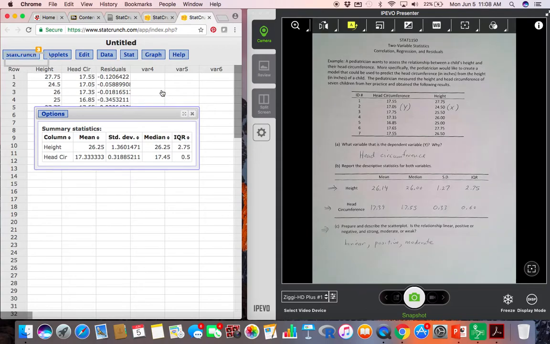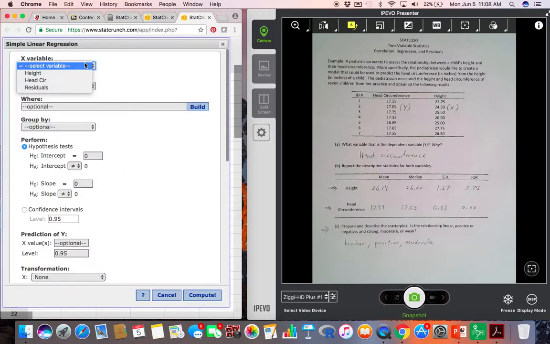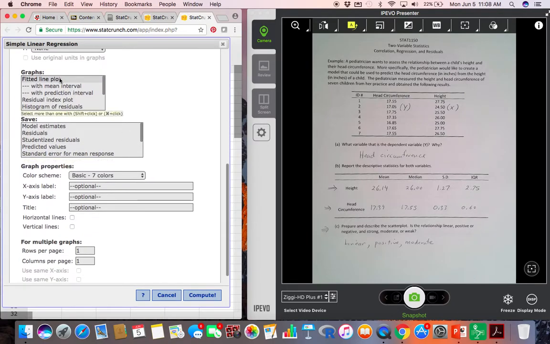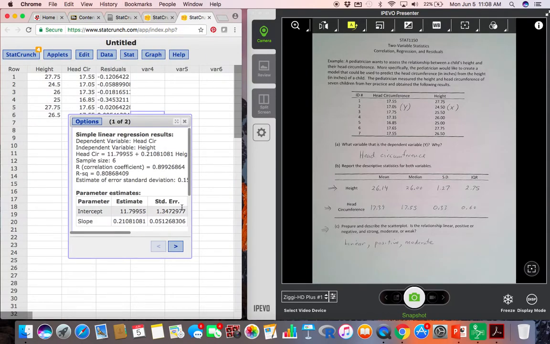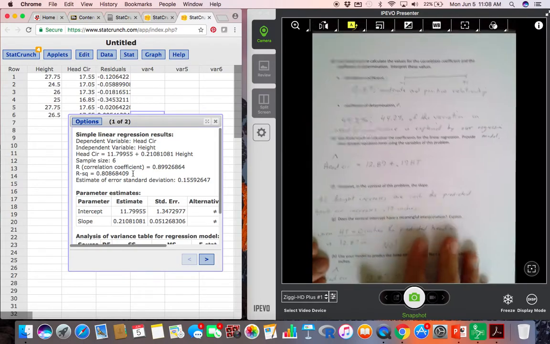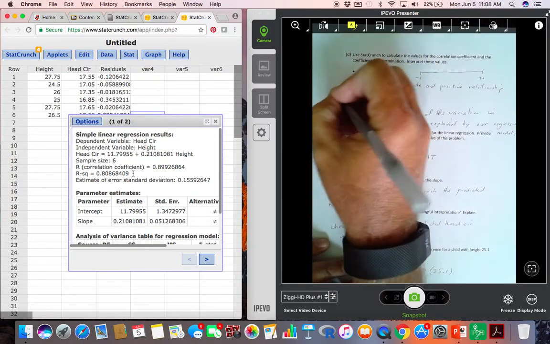But I want to look at the relationship. I can do that by going to regression, and my x is height, my y is head circumference, and I just want to keep it simple here and just do a fitted line plot and go for it. Now what happens by removing that one kid, we can see that the R value, and that's really what the focus of this is all about, went from 0.67 to 0.81.